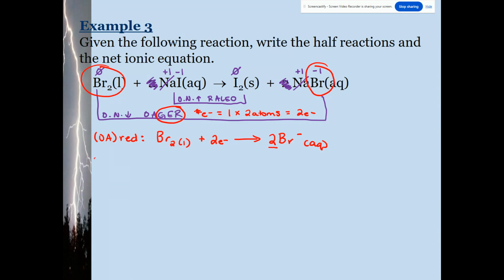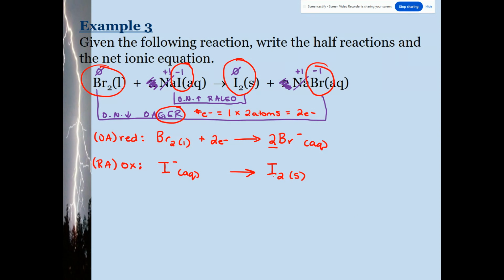My other half reaction, for my reducing agent that's undergoing oxidation, is iodide. My iodide is starting as a free ion, and it's turning into I2 as an atom or a molecular diatomic element. Again, this is diatomic.